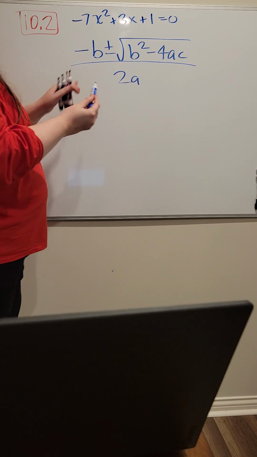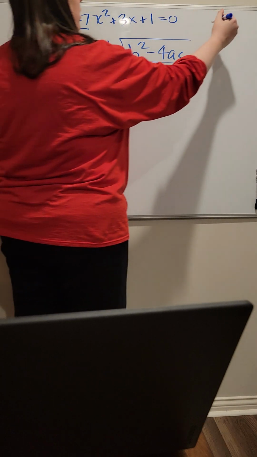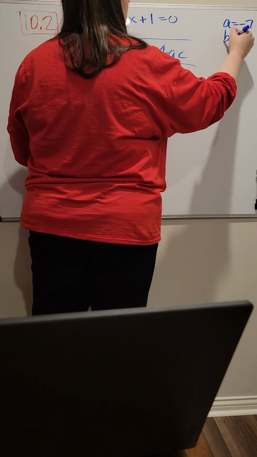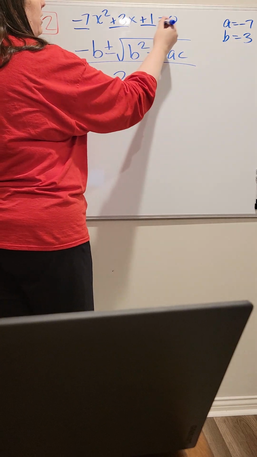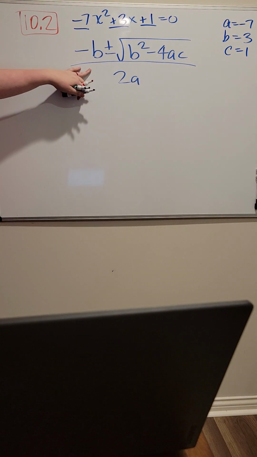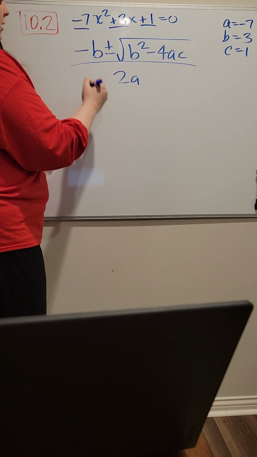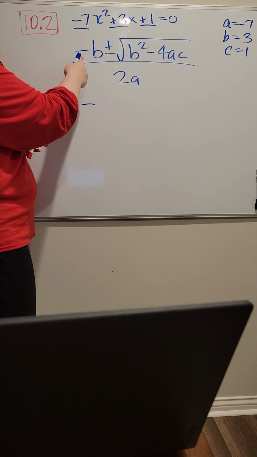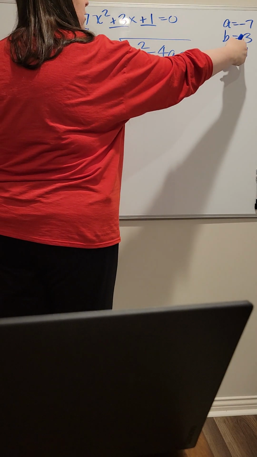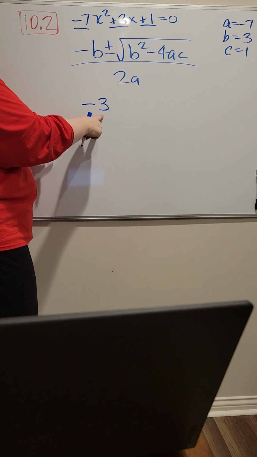So in this case, my a is negative 7, my b is 3, and my c is 1. So when we go to plug in, this negative is part of the formula, the opposite of b. So since I had a positive there, I need to have a negative there.